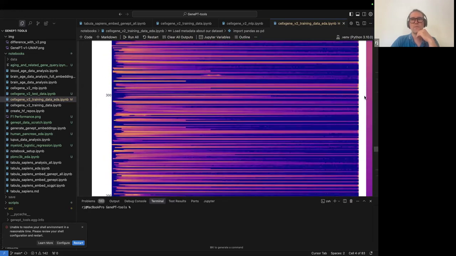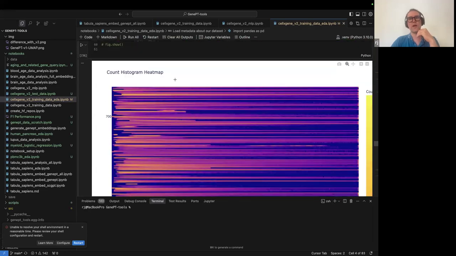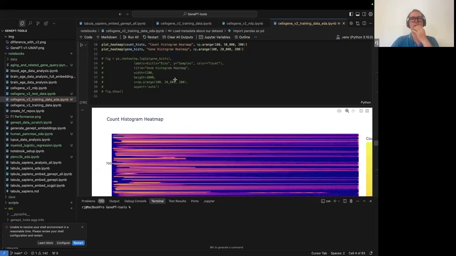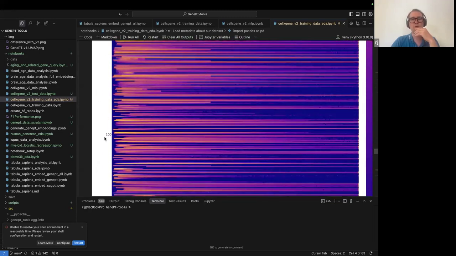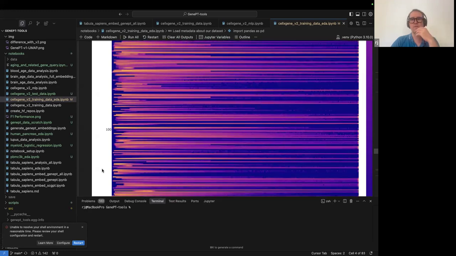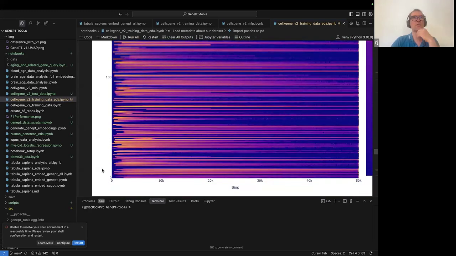These ones are really heavy tailed, and I cut them off, so this last column is the rest. The point I'm making is that I got familiar with the shape of the data. We were originally going to set some thresholds to throw away bad data, and we realized from looking at this that we're going to train on everything.